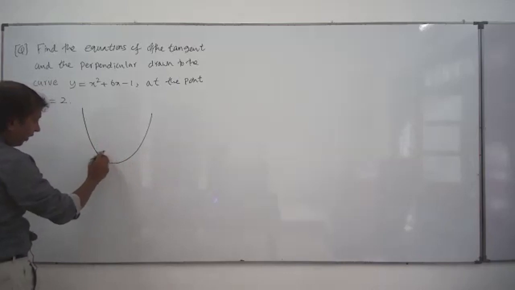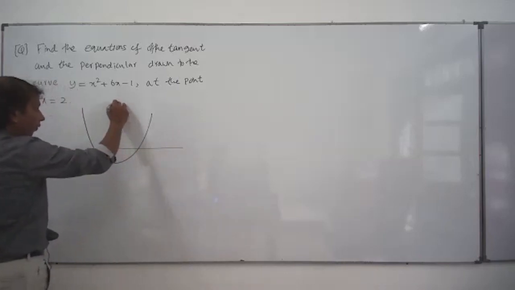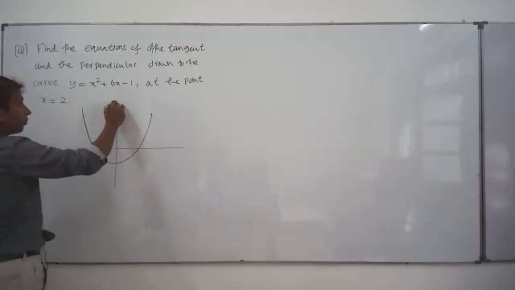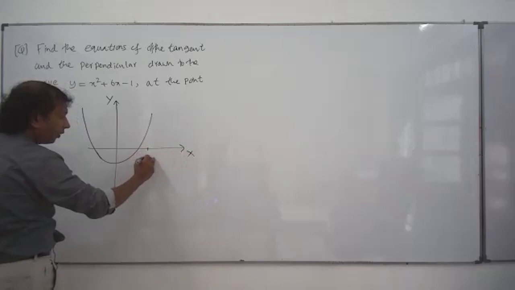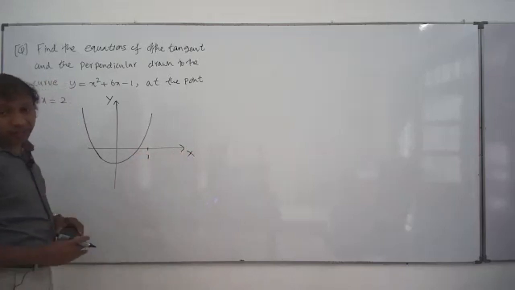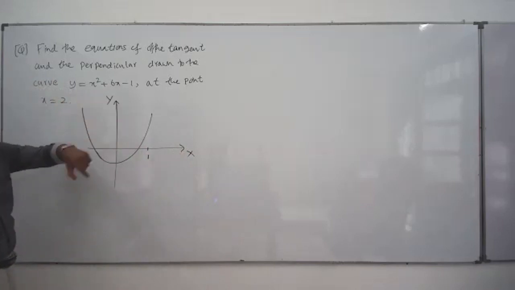Here we need the x-axis also. We'll take the x-axis like this, and the y-axis like this. Suppose x equals 1 is somewhere here. This is not the correct graph, and it is not important for these answers; we can draw the correct graph if necessary.